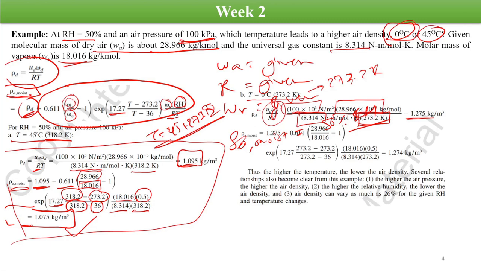Now the same exercise as we did in the last case, we need to repeat for this case also. So here for rho A moist, we'll have rho D minus 0.611 multiplied by 28.966 upon 18.016 minus 1. Right?